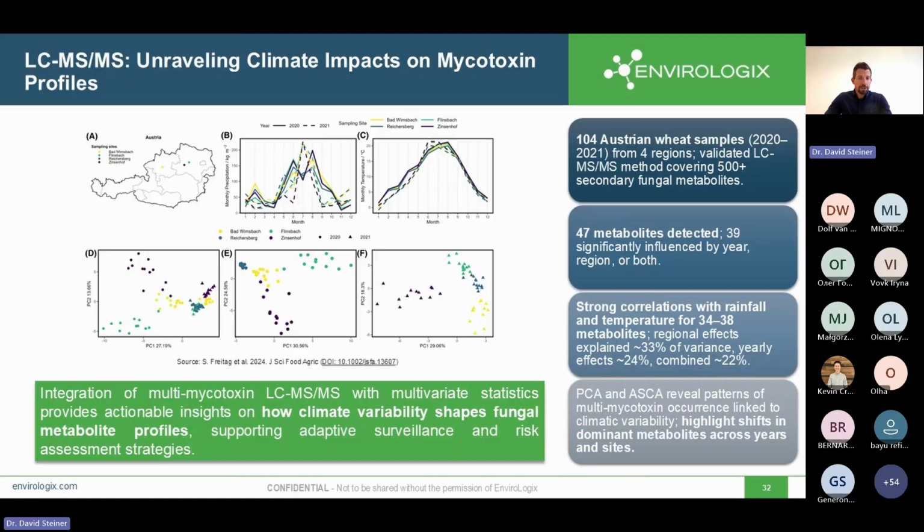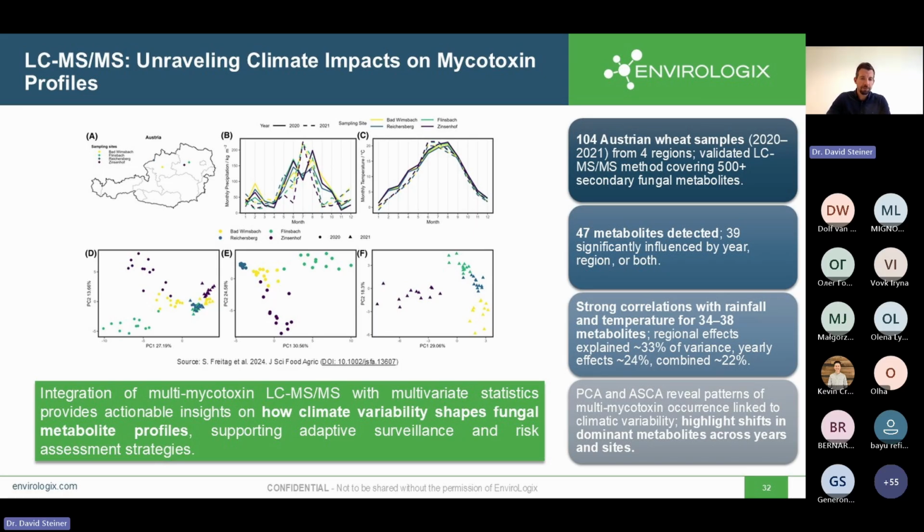And how this method is working in the field also served here kind of as the basis to collect some robust data in order to explore also how climate variability shapes mycotoxin profiles. So by integrating these data with multivariate statistics, it reveals how environmental conditions influence fungal metabolism and also toxin combinations.